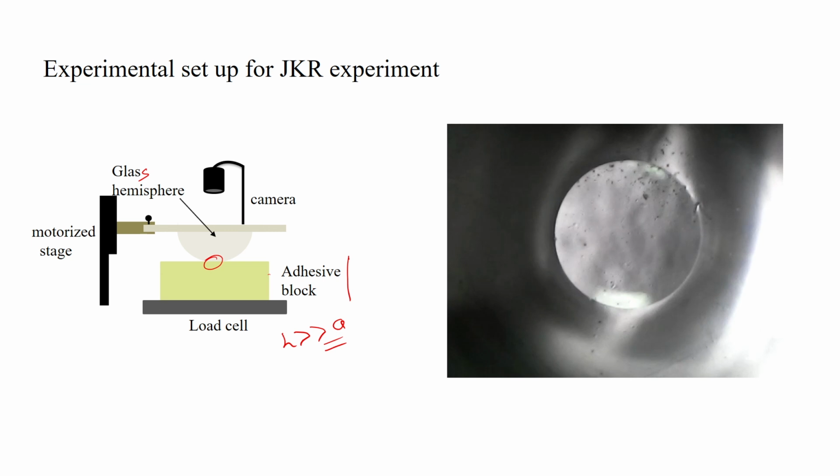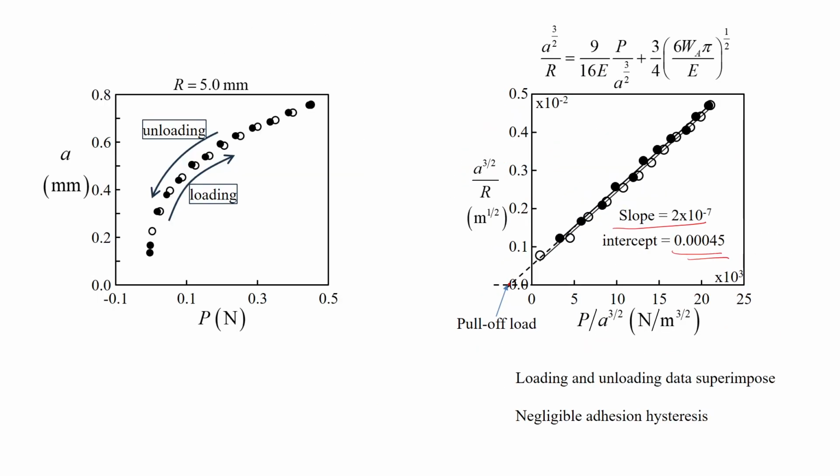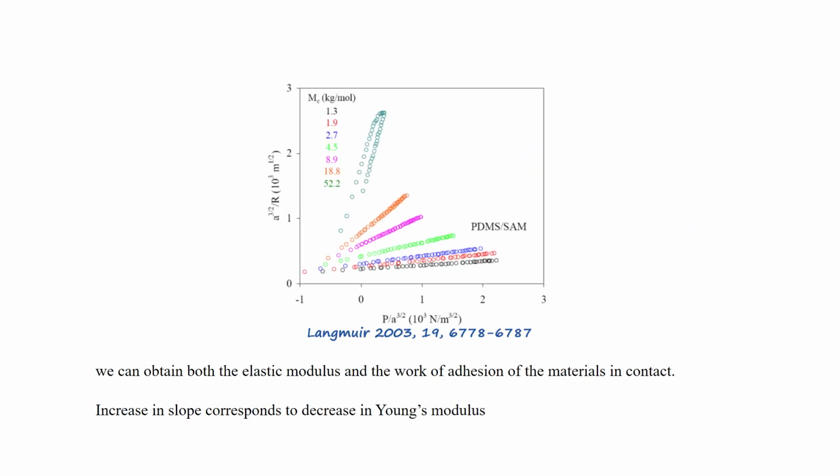That is an interesting aspect, because that is not going to happen always. When it does not happen, then there is hysteresis, and that also we can get. Now, here for example, is another set of data from some literature and paper.